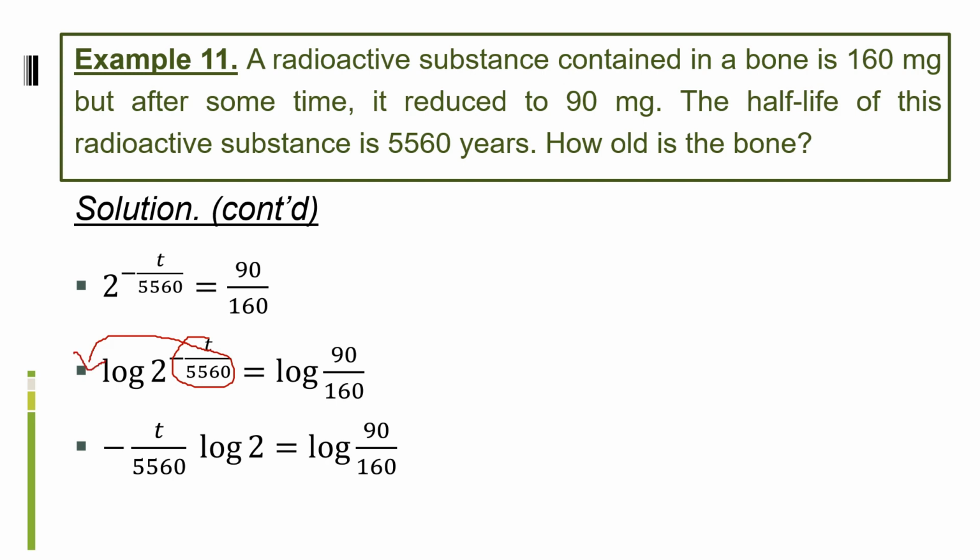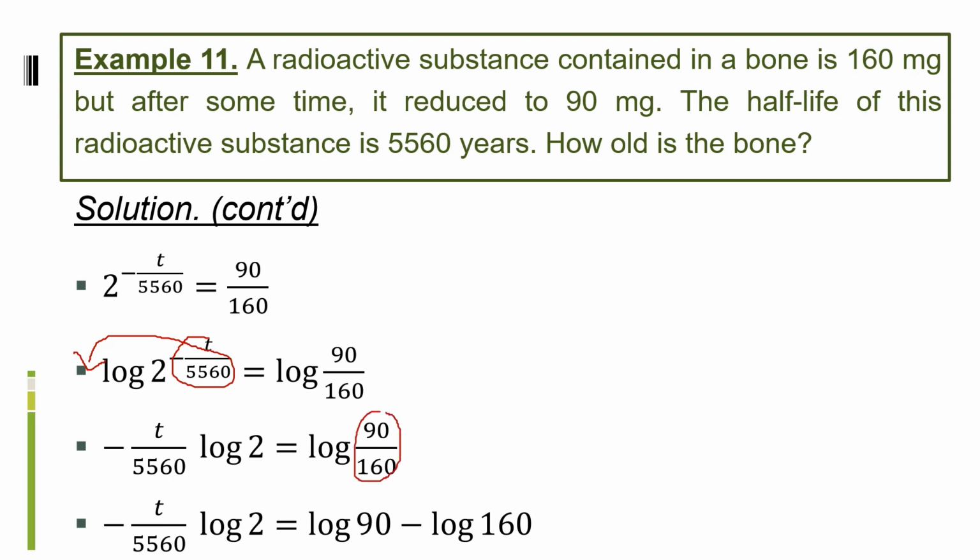So we have negative t over 5560 log 2 is equal to log of 90 over 160. And again, by the property of logarithm, when we have a quotient, we can subtract the logs. So we have negative t over 5560 log 2 is equal to log of 90 minus log 160.